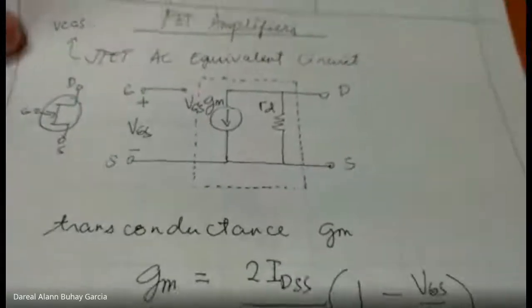And the analysis is easier than for the BJT, especially after we spent months analyzing BJT amplifier circuits. Okay. We have encountered many configurations before: fixed bias, self-bias, voltage divider, common gate, common base.